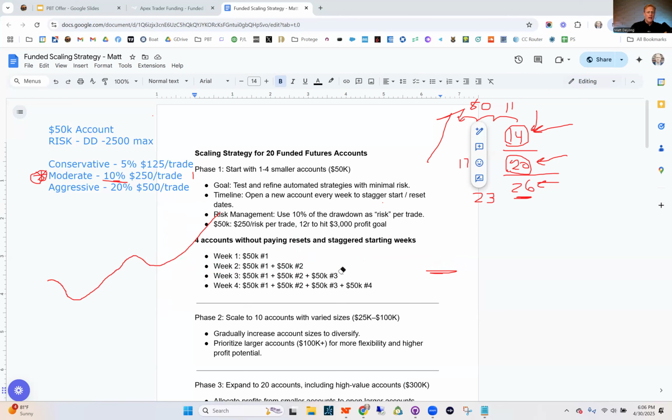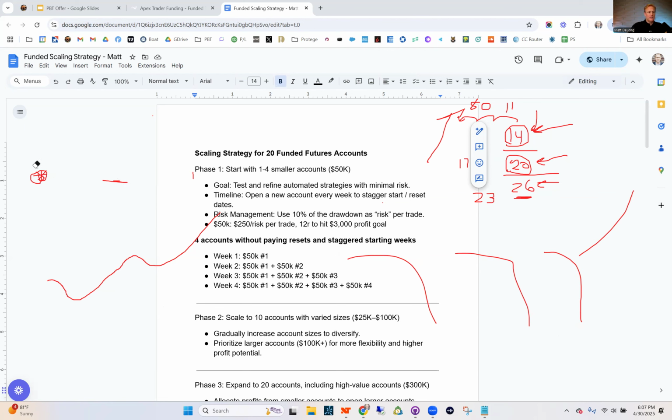The problem is if you get super aggressive, you blow up your account. Then you start over, and then you get aggressive again, and then you get aggressive again, and you guys can see what happens. And maybe 3 or 4 or 5 months later, you get a winning streak, and then you get your account funded. Whereas if you just would have taken your time and done what we recommended, you could have gotten it funded in 3 or 4 weeks, maybe, right?